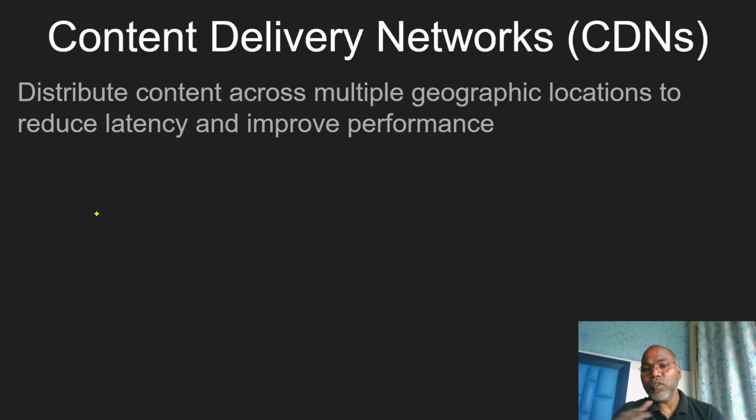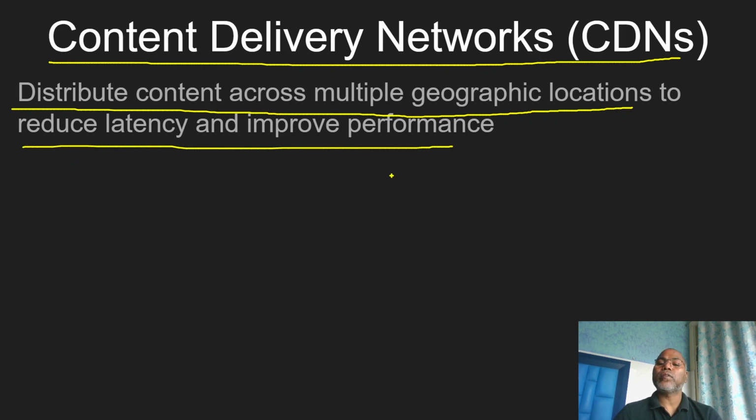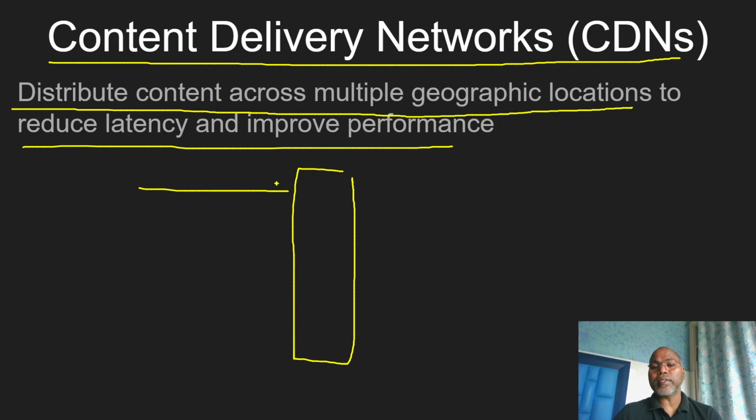Similarly, while designing you can use a CDN, content delivery network. What it means is distributing content across multiple geographical locations to reduce latency and improve performance. Whenever you are building any UI or web application, it can be accessed across geographical locations.